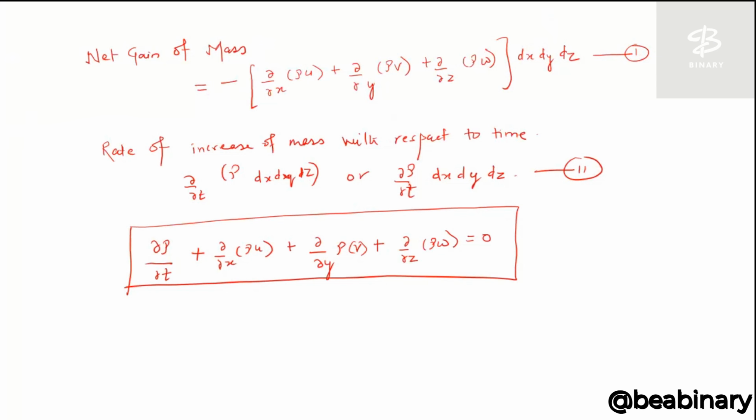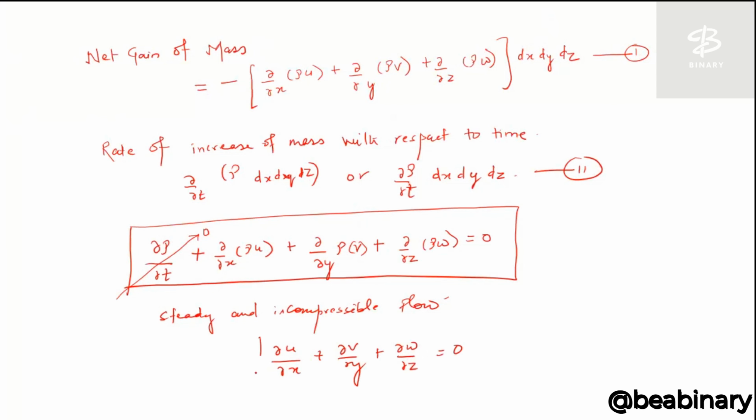In case of steady flow, the first term will be 0. In case of incompressible flow, rho is constant. So for steady and incompressible flow, my equation will be del u by del x plus del v by del y plus del w by del z is equal to 0.